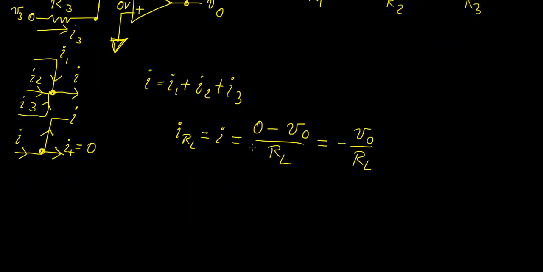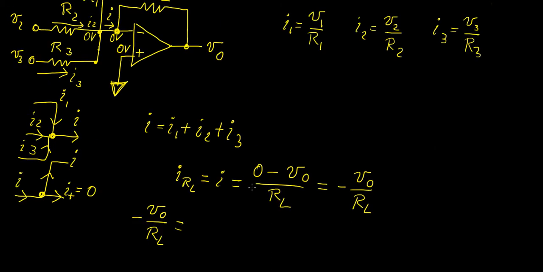Alright, and then we're going to have a bunch of other things. The first thing is, we know what this is. This whole thing here is going to be equal to the sum of all these things. So this current over here is going to be that. So we're going to have V1 over R1 plus V2 over R2 plus V3 over R3.